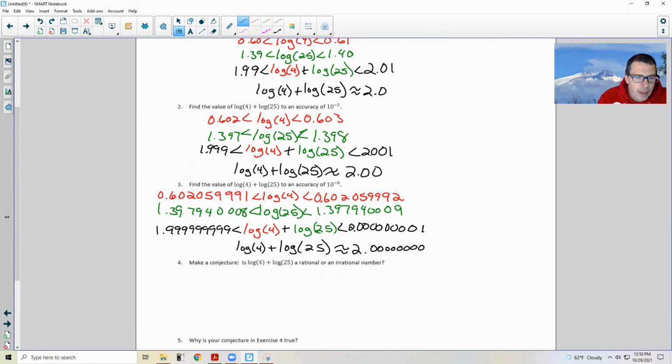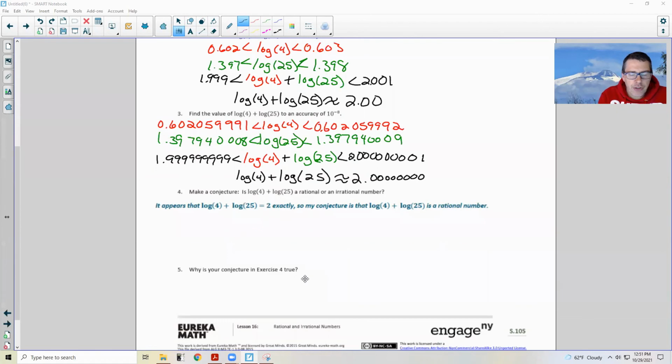Is log of 4 plus log of 25 a rational or an irrational number? Okay, so we'd say it appears that the log of 4 plus the log of 25 equals 2 exactly. So my conjecture is that the log of 4 plus the log of 25 is a rational number. Number 5 says, why is your conjecture in exercise 4 true?